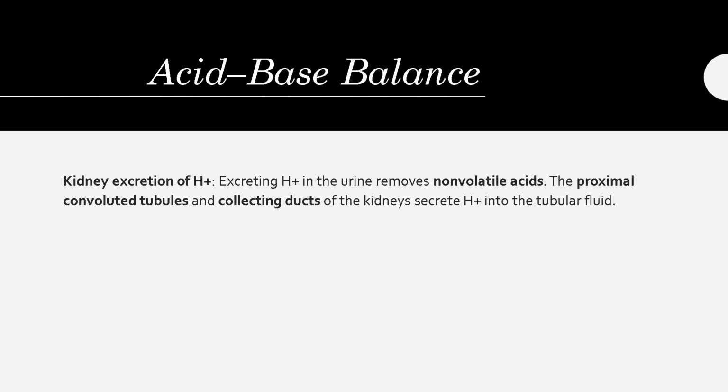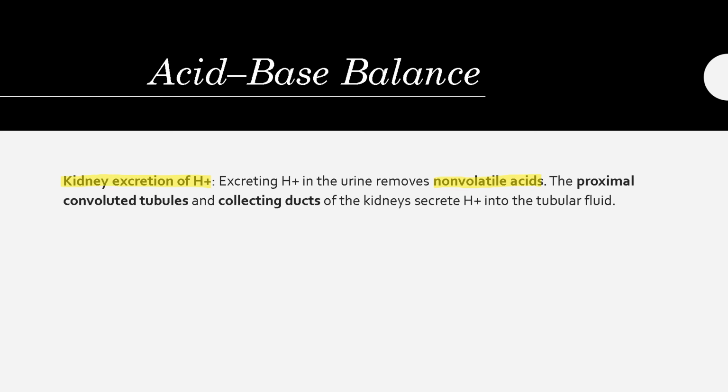Okay, now the last major way that our body is going to regulate acid-base balance in our blood is going to be the kidney's excretion of hydrogen ions. Now here we're going to come into another term, which is non-volatile acids. A non-volatile acid is an acid produced in the body from sources other than carbon dioxide.